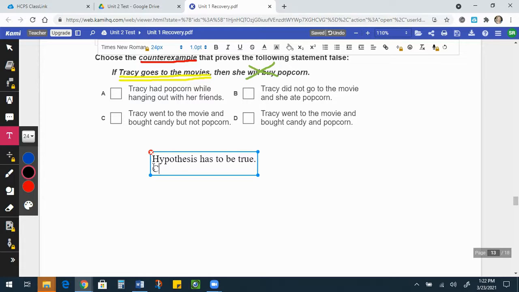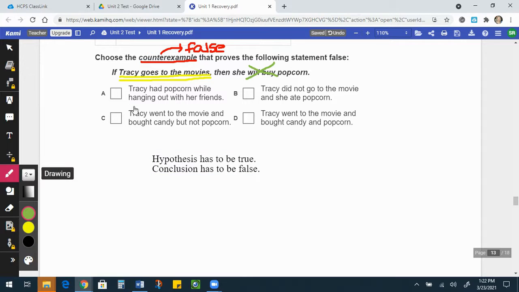At the same time, the conclusion has to be false. So once again, Tracy has to be going to the movies. She cannot buy popcorn. So let's check out and see which answer says that.